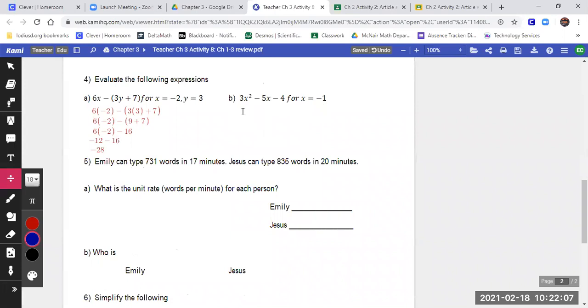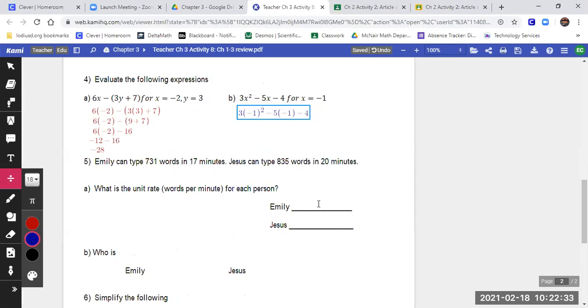They're saying x is negative 1, so we're going to put it in. 3 parentheses, negative 1, to the second power, minus 5 times negative 1 minus 4. All I did was put the negative 1 in everywhere I saw an x. That's all I've done.